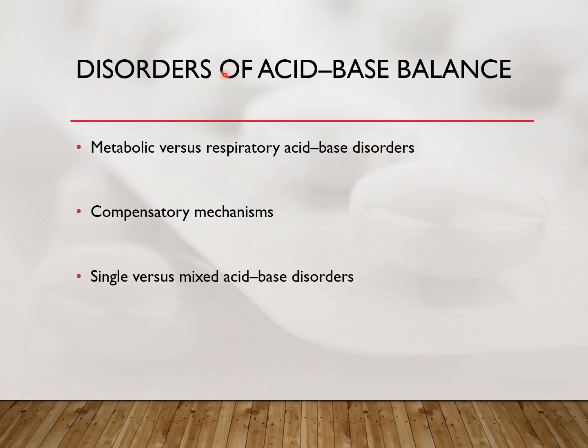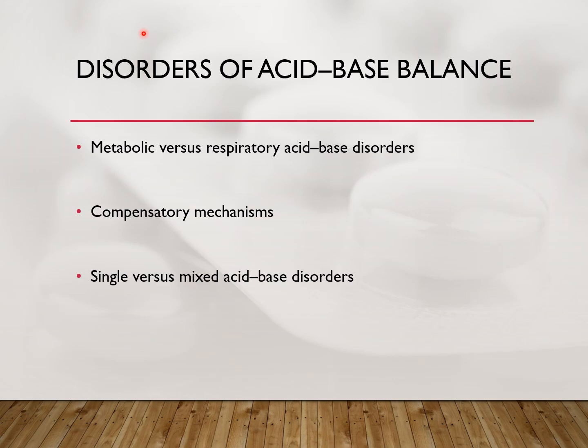So let's discuss a couple different disorders of acid-base balance. We can have either metabolic or respiratory type acid-base disorders. Metabolic disorders are alterations in bicarbonate levels, and respiratory disorders are alterations in CO2 levels. And within metabolic and respiratory, we can have either acidosis or alkalosis.